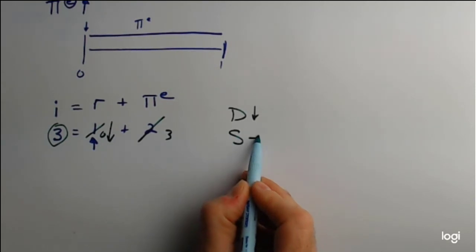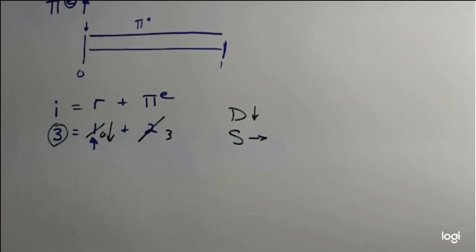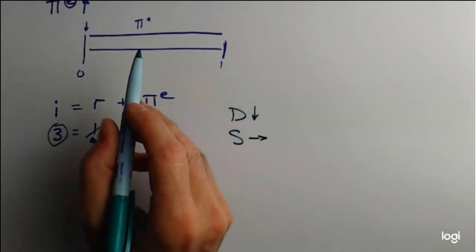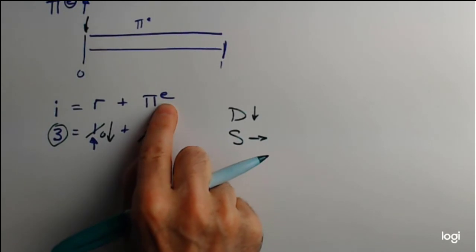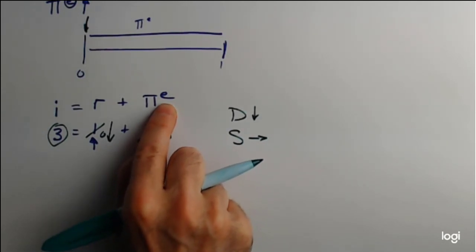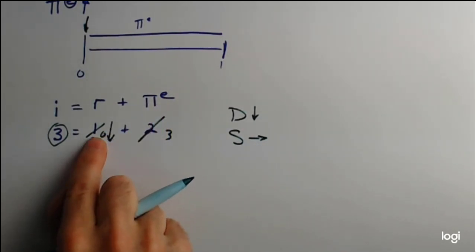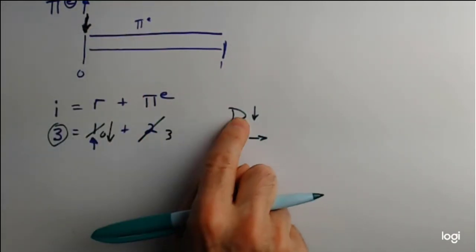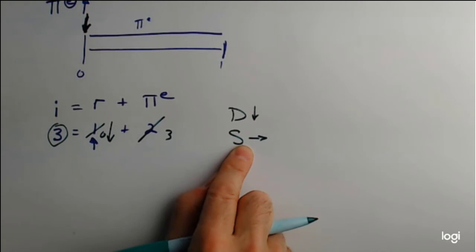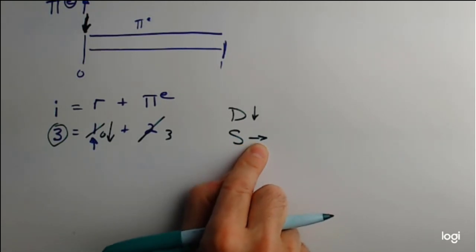And so that means supply is going to go off to the right. It's going to increase. So when you buy an existing bond and expected inflation goes up, the real returns are going to fall on these existing bonds and demand is going to drop. There are going to be suppliers wanting to issue more.